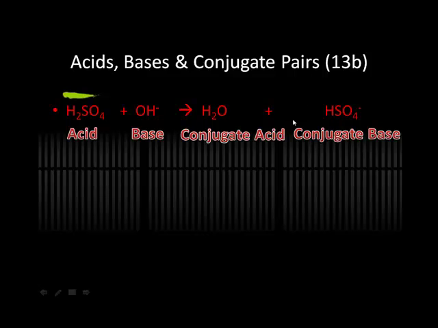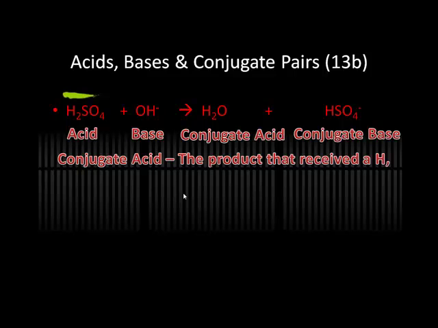And so to show that these are related to the original products, we use the word conjugate. So the conjugate acid is whatever the base started as, and the conjugate base is whatever the acid started as. Okay, so notice the acid, when it reacts, will become a base, and the base, when it reacts, will become an acid.